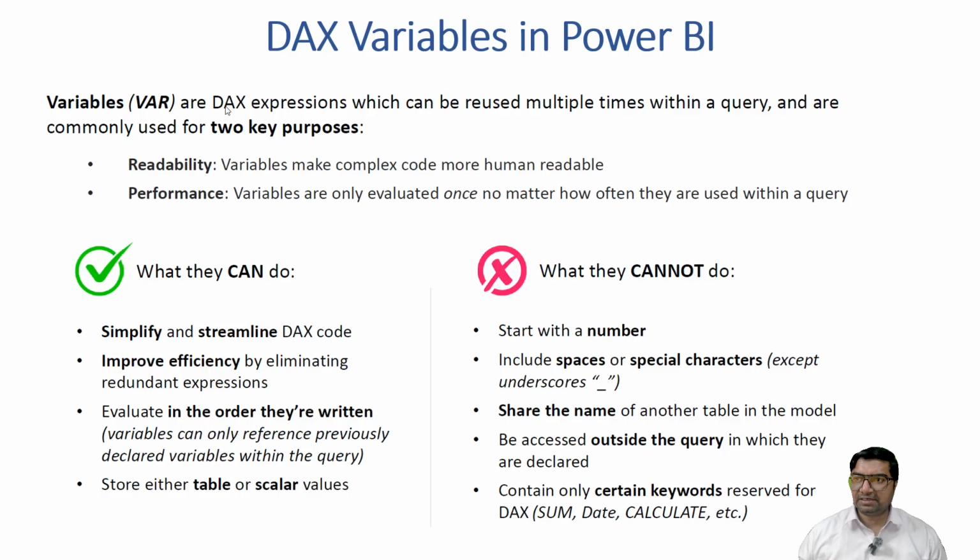So a variable is basically an expression that can be reused multiple times within a query, and it is commonly used for two key purposes. The first is readability, the second is performance. If you have complex code which a human can't read properly, put it in a variable and the entire code will be in one variable.